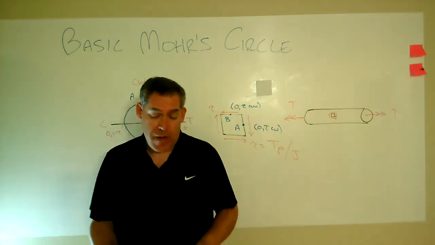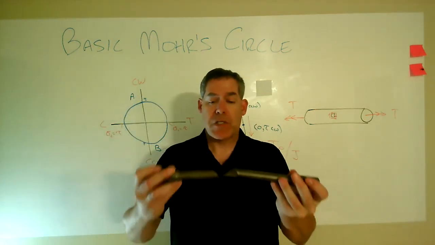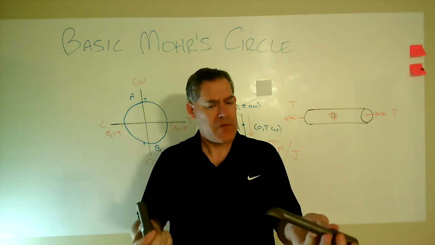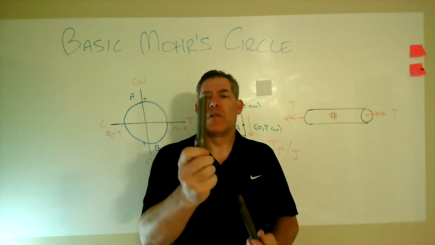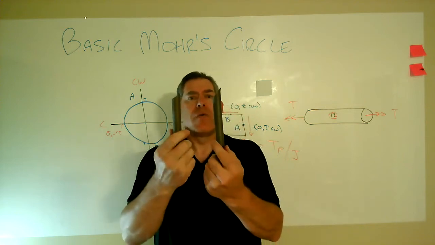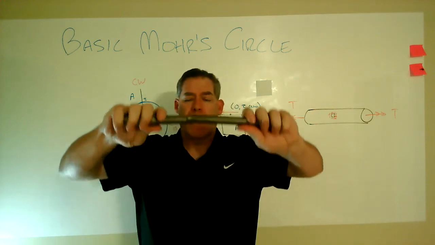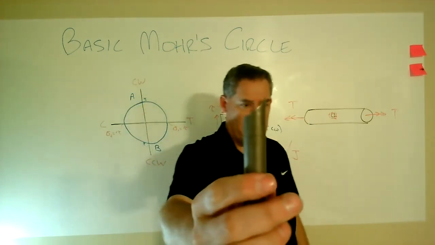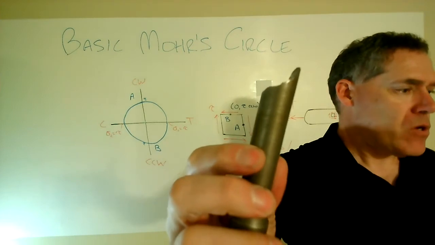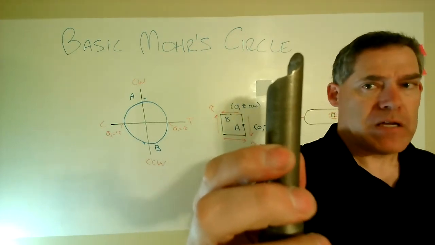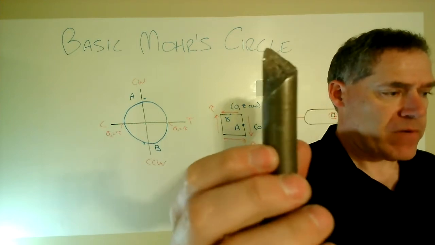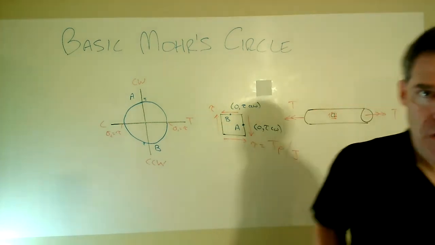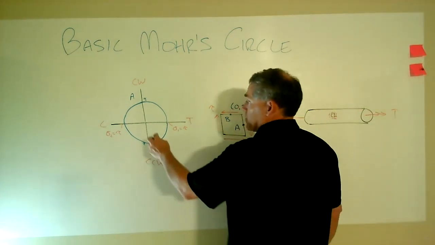So let's go back to our specimen. This one is steel, and it is a ductile steel, kind of, or is it? Ductile or brittle? You look at that surface and you think, oh, look at how that's twisted, wow, that must have... oh, hold on a second. So we sat here and we twisted this thing. Note how that angle, that helical wrap, is at about 45 degrees. 45 degrees in real life, 90 degrees in Mohr's circle.